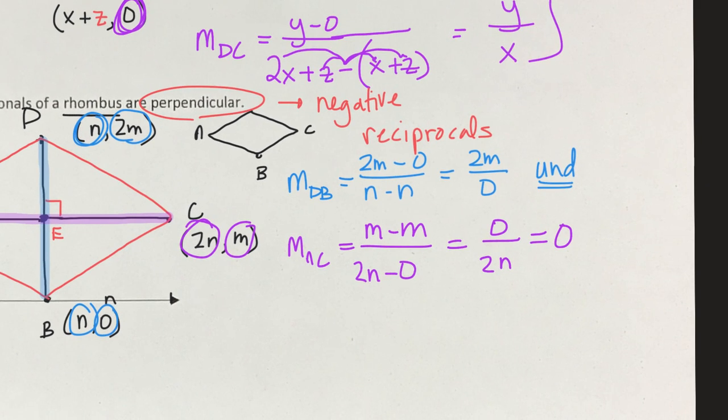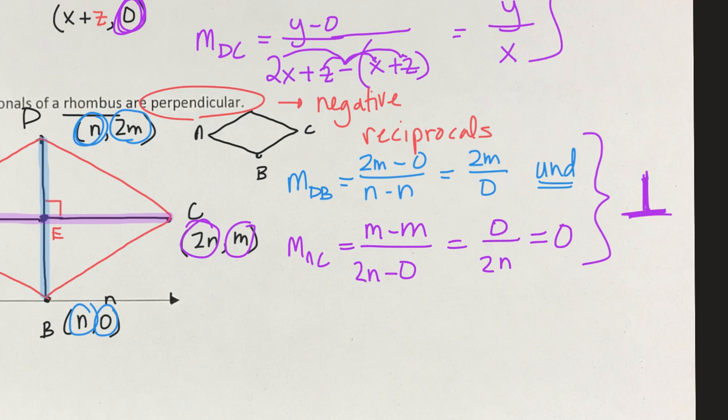Hopefully you remember from your Algebra 1 class that these are in fact negative reciprocals. We had a 0 on the bottom for your blue line, and a 0 on top, so those things got reciprocated. Now I don't know what 2m or 2n is, but an undefined slope and a 0 slope are perpendicular. That's a vertical line and an exactly horizontal line. So yes, in fact, we have perpendicular slopes.